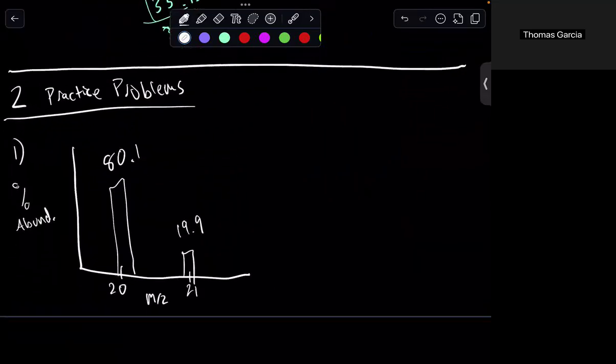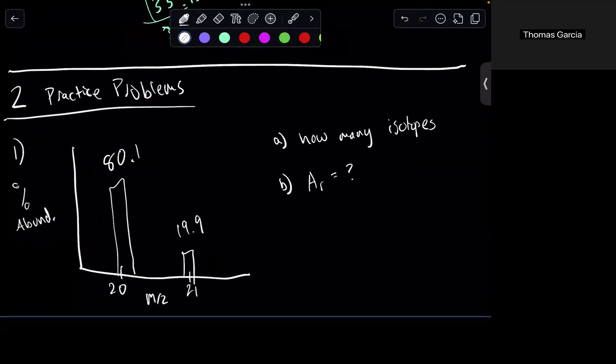We have two questions. Question A is how many isotopes? And question B is what is Ar, our relative atomic mass?